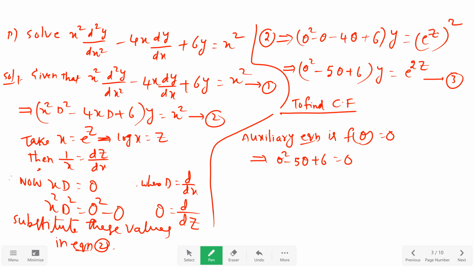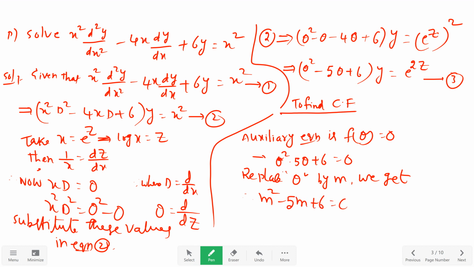To solve this auxiliary equation, it can be converted into a variable. Replace theta by m, we get m square minus 5m plus 6 is equal to 0.